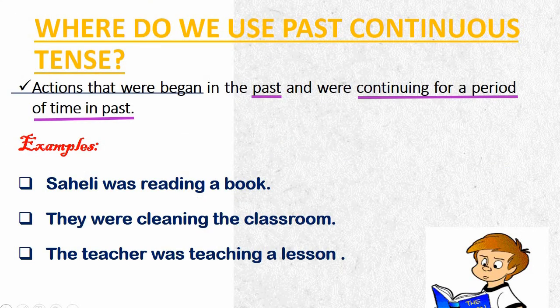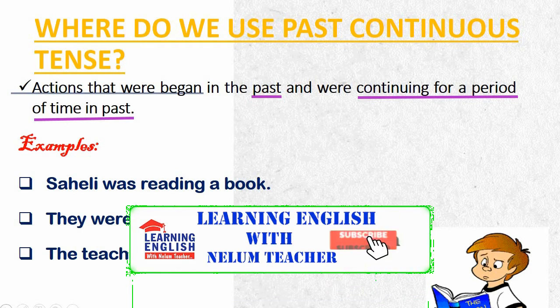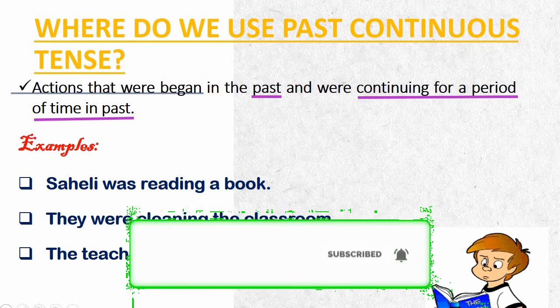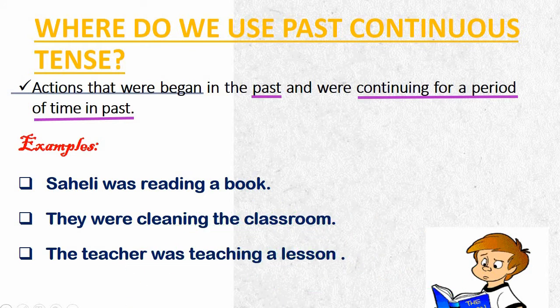Where do we use past continuous tense? That means in which places or in which situations that we can use past continuous tense. Actions that began in the past. The action should be started in the past and were continuing for a period of time in the past.